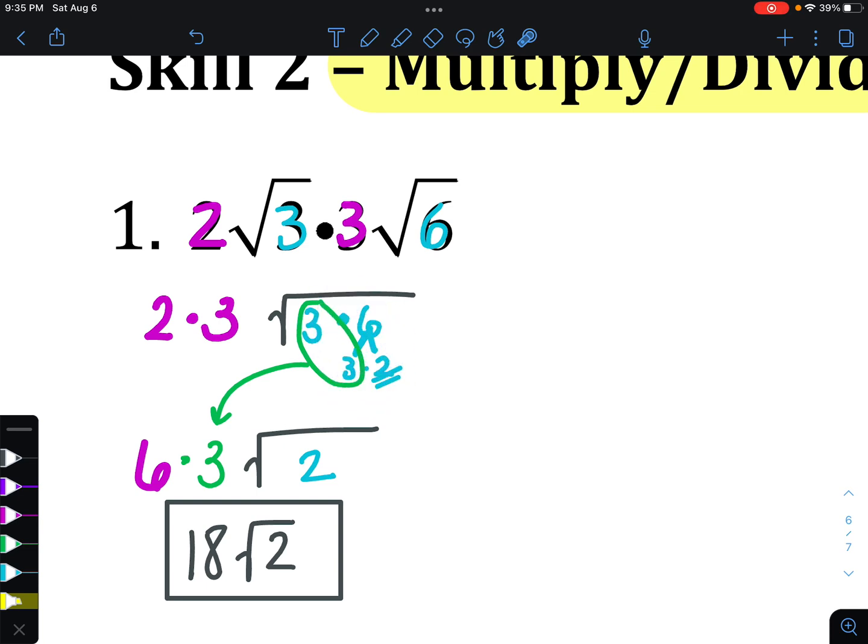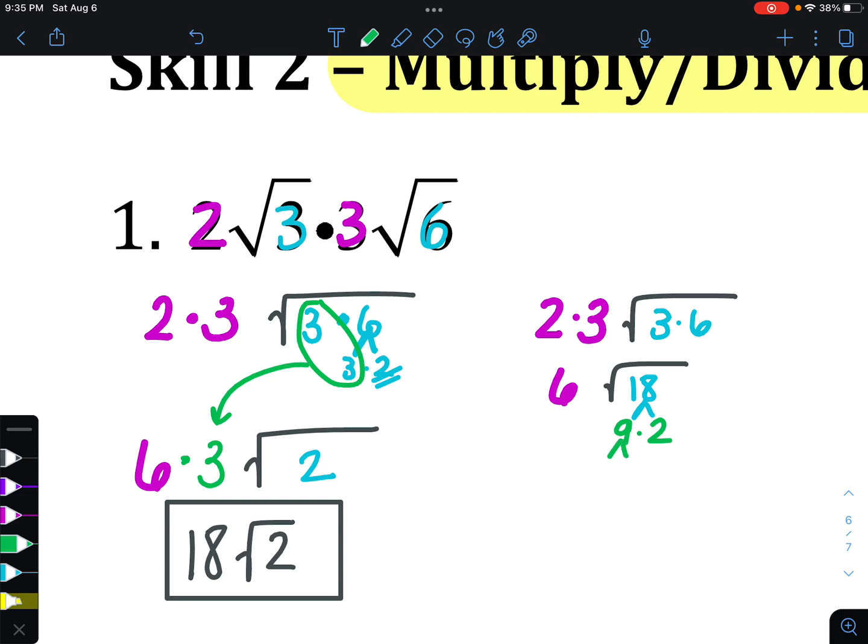Let's say though, you're like, wait a second, what'd you just do, Mrs. Welch? Let me go back to this step here. Could you say 2 times 3 is 6, 6 times 3 is 18, and then just simplify 18? Sure could. This would be 9 times 2. The 3, notice we would find that partner of 3 eventually and end up in the same place, right?